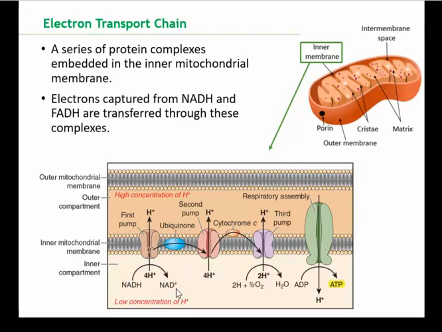We see that NADH is then going to turn back into NAD. It's going to lose its hydrogens and its electrons. Hydrogens have associated electrons with them, and they're both used in this process. Down here, there's a low concentration of hydrogen, and up here, there's a high concentration.